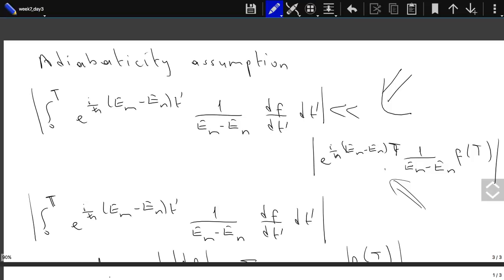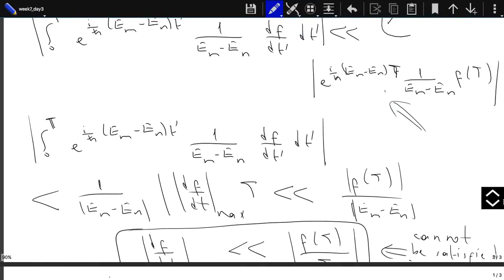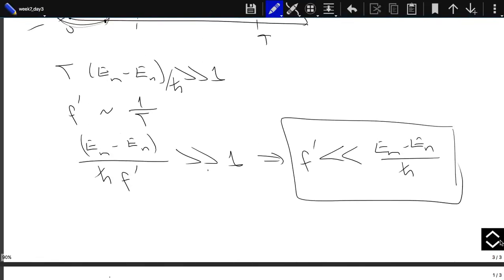So this condition would be satisfied if we have some cancellations. And to get those cancellations, we need the exponent to be large, at least for a reasonable range of the integration region. We can get those cancellations if the exponent is large, that is, if this condition is satisfied.